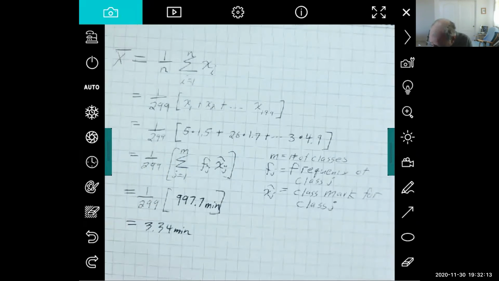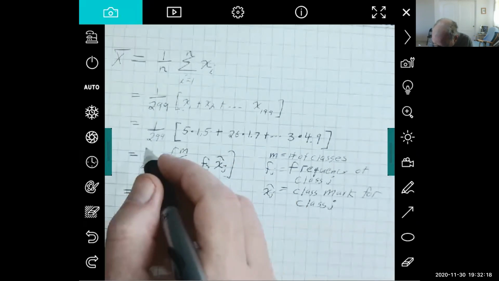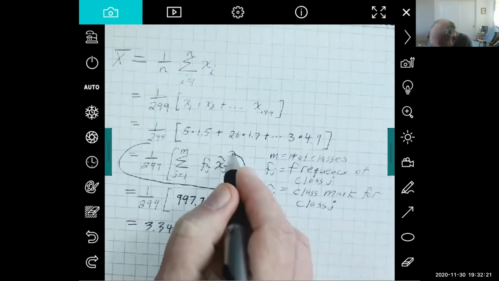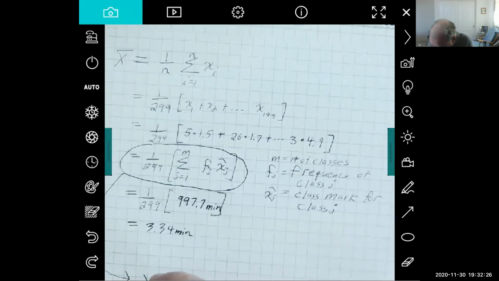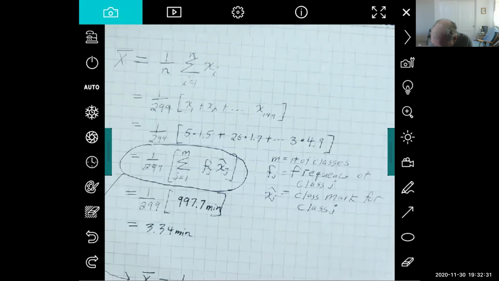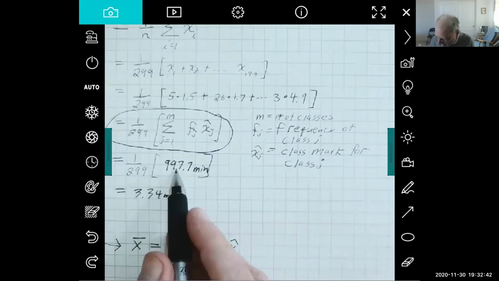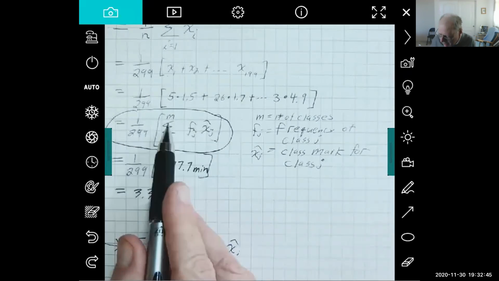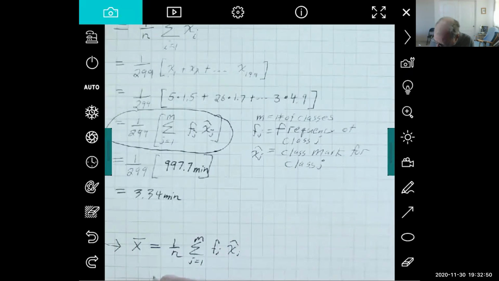But now I want to show you something here. Let's look at this piece right here. The way I did the arithmetic, I added all this up and then divided by 299. But you can also distribute.